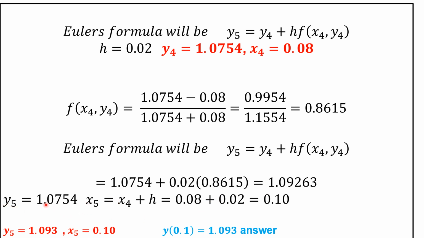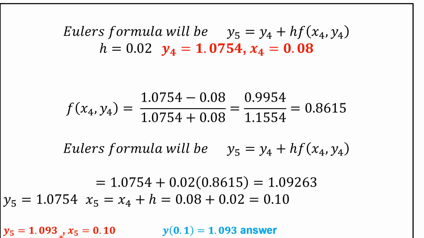To calculate x5, what is the method? x5 is equal to x4 plus h. x4 we know we have reached 0.08, plus 0.02 gives 0.1. That is now calculated. Now we have reached it, right? So y5 will be 1.093 at x5, this one.